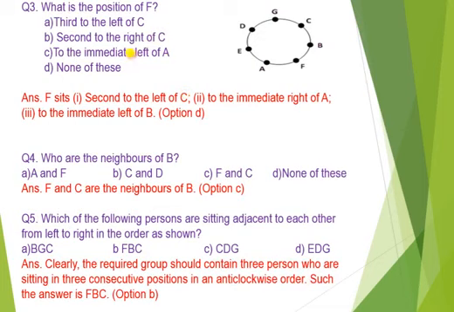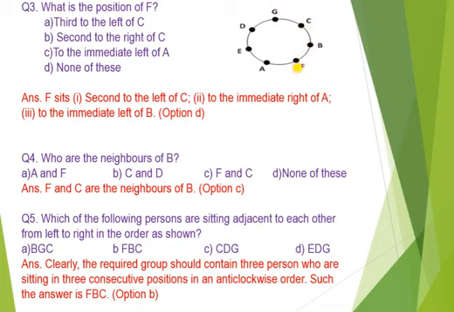In this question number 3, what is the position of F? Child, we have to tell the position of F. Third to the left of C. It's not true. Second to the right of C. It's a second to the left of C. Right?